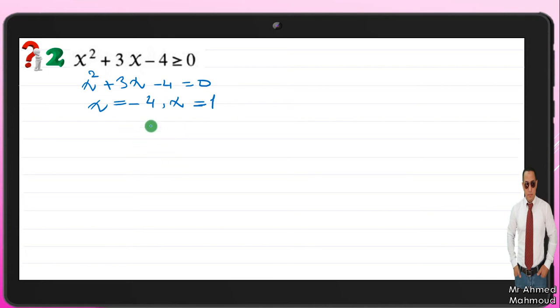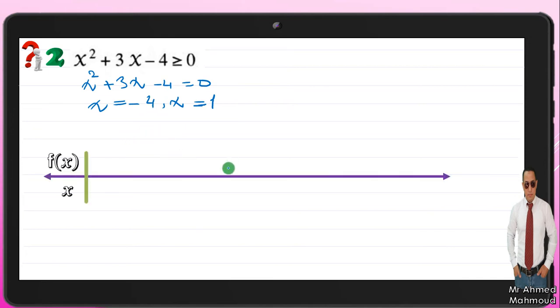They are the zeros of the function. The number line here negative 4 and here 1. Negative 4 gives me 0 and 1 gives also 0.